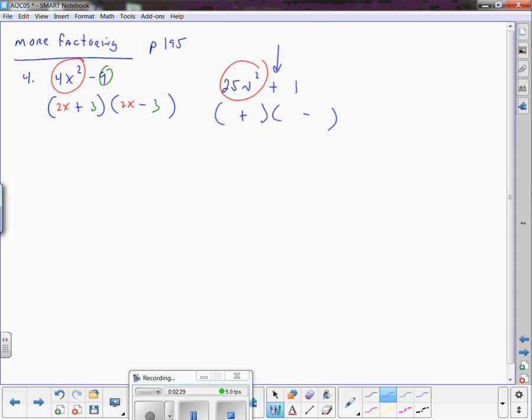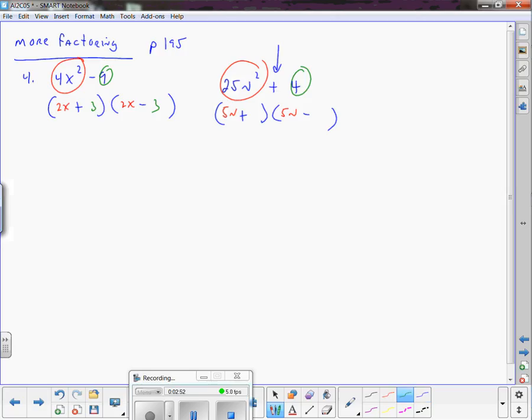So again, we're going to take the square root of the first and put it first. I am going to take the square root of the last, but because of that plus sign, there's something I have to do, and 1 probably wasn't the best. You know, let's make this a 4, so it's more obvious what I'm going to do here.